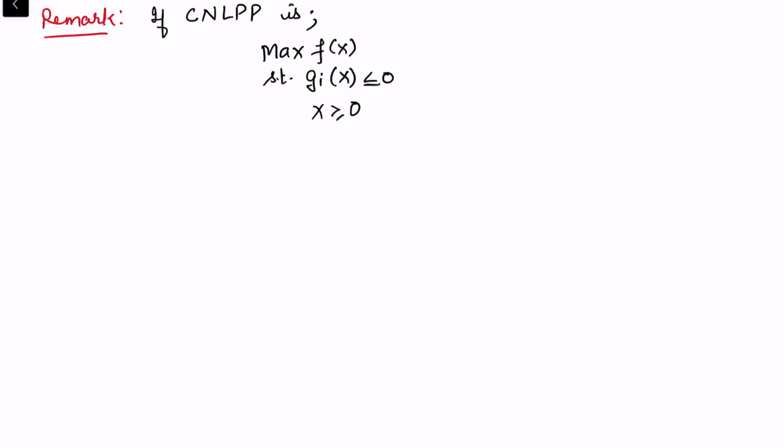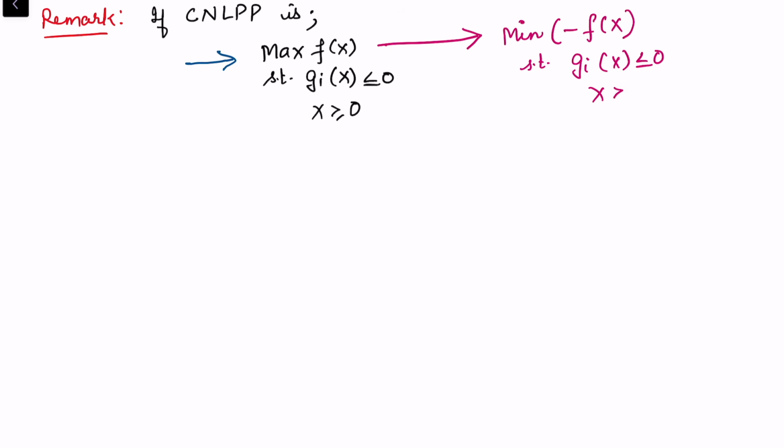We also note this remark: if the convex non-linear programming problem is of the maximization type, we will not show the function to be concave. Rather, we simply convert it into a minimization problem, minimization of minus f(x), subject to g_i(x) less than or equal to 0, x greater than or equal to 0, and then we show that f(x) and g_i(x) are convex.